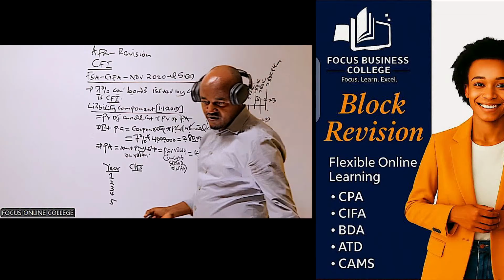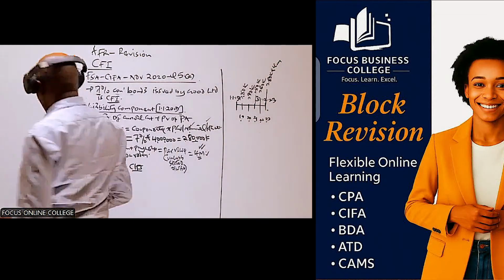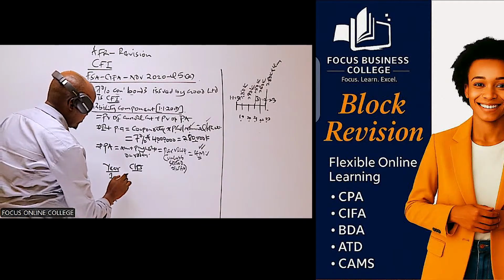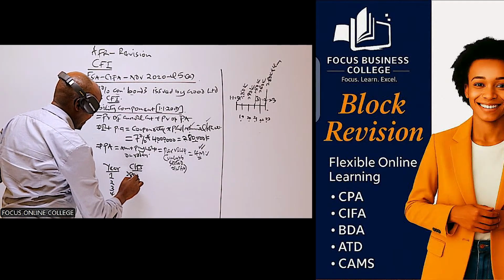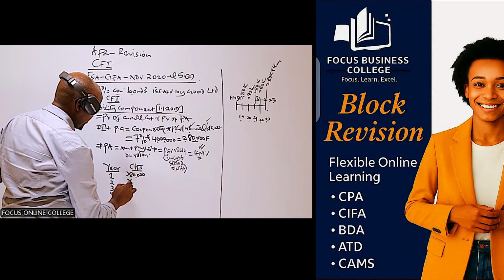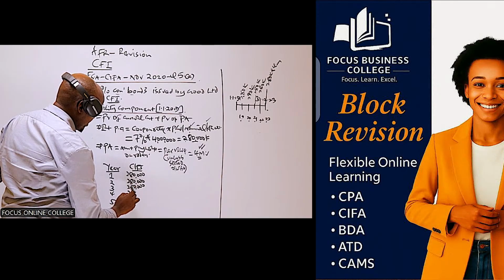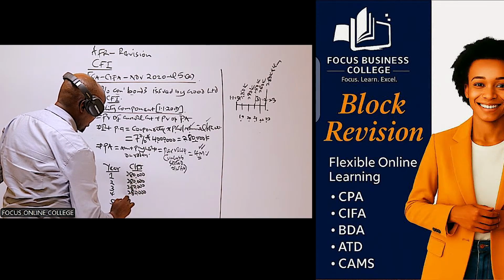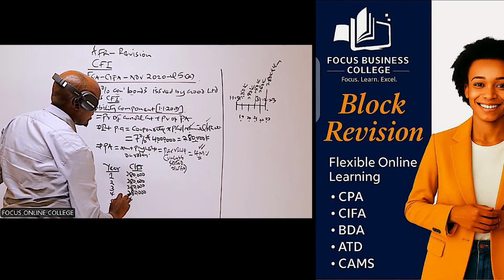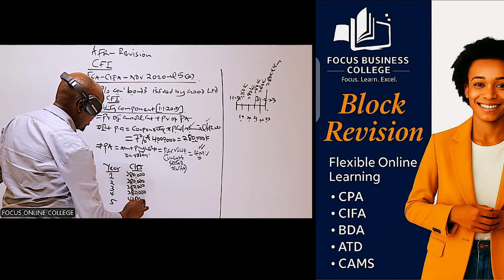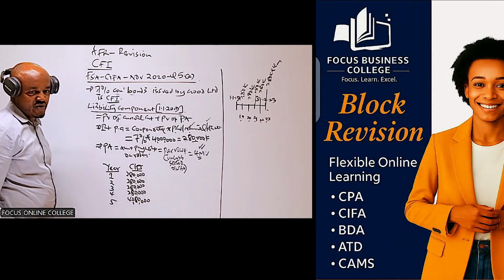That's what you need to know. So here we will have 280,000 each year, and in the last year we will have 280,000 plus 4 million, which gives us 4 million and 280,000.